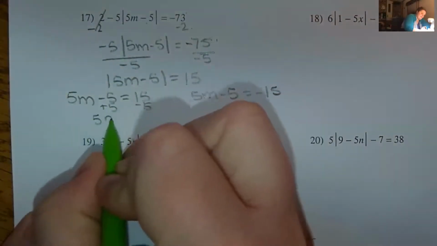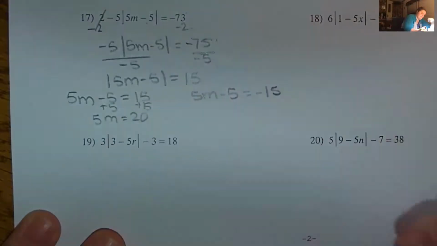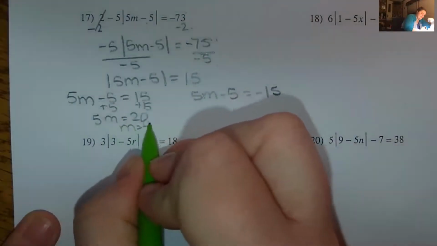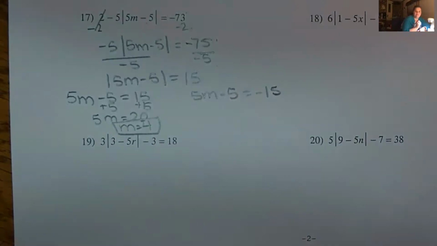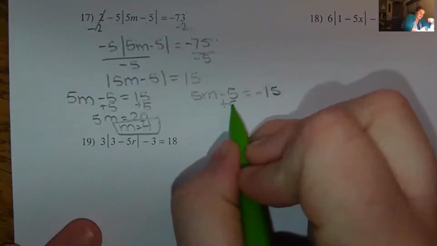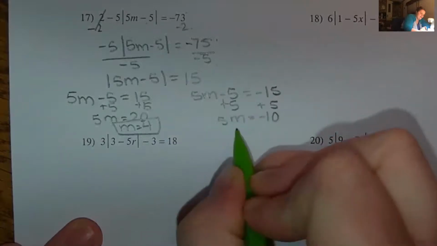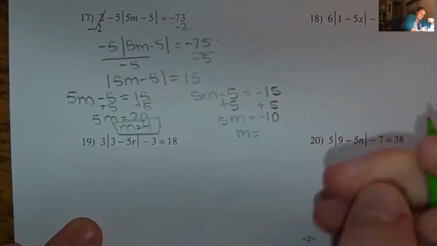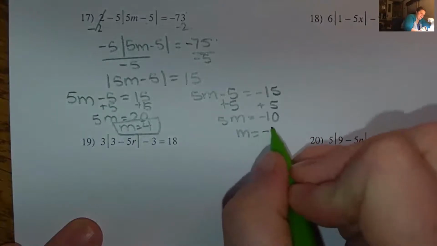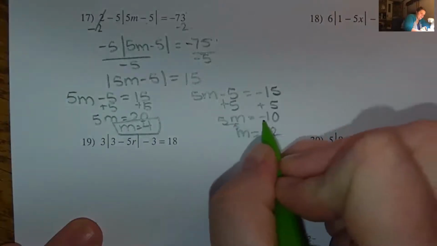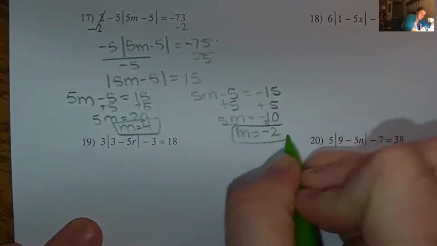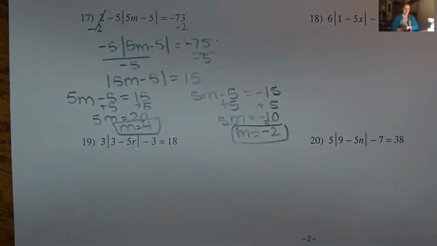So I have 5m equals 20. So m is 4. That's one of my answers. Add 5. 5m equals -10. Divide by 5. M is -2. So I have 4 and -2.